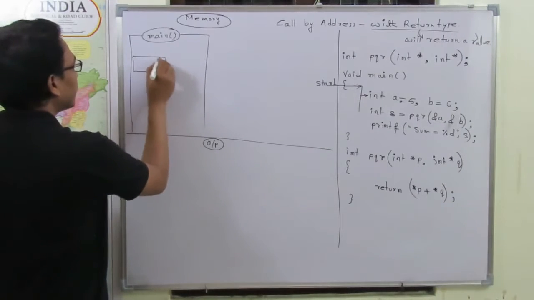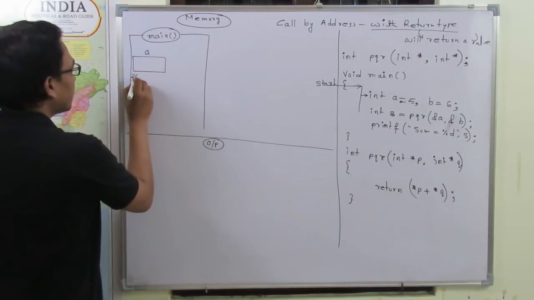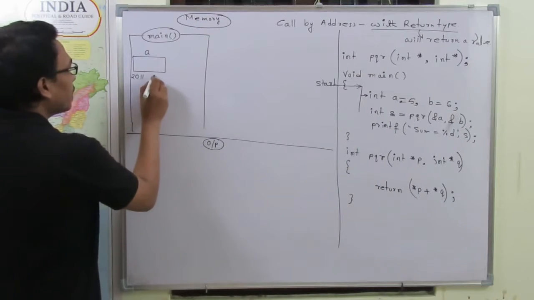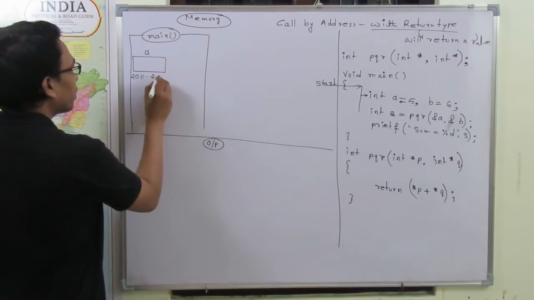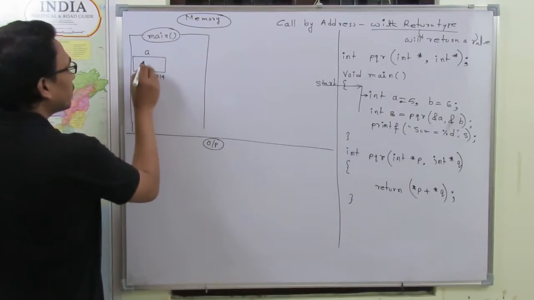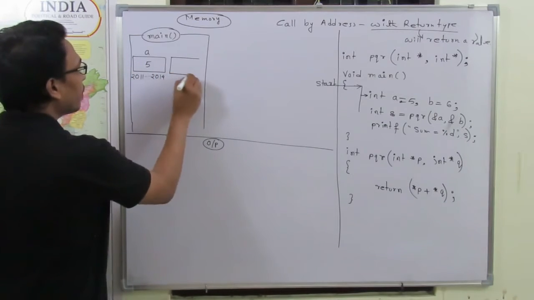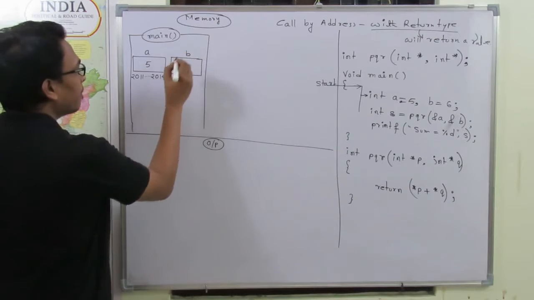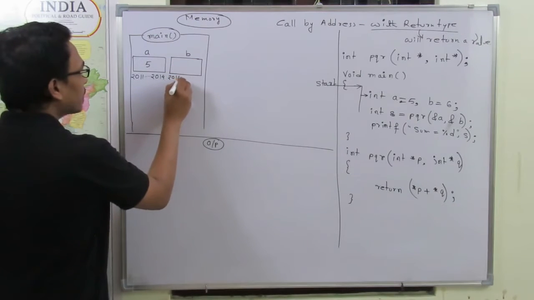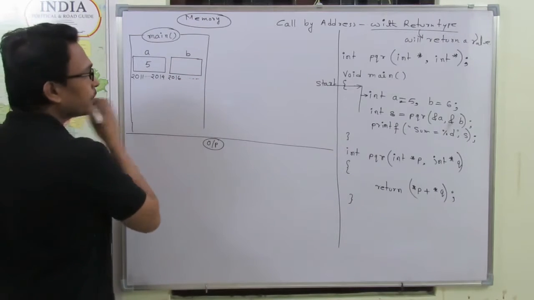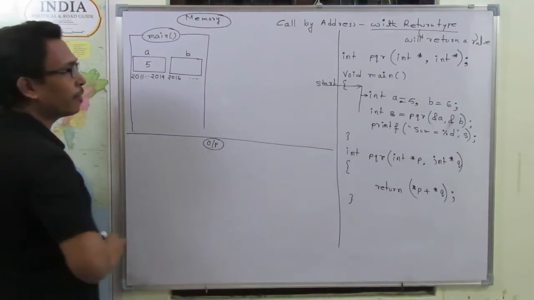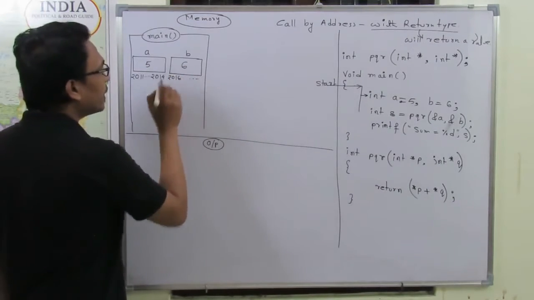So let's say the base address of A will be 2011 and end up with 2014, and the content of A will be 5. The next memory block is B, at 2016. Here 4 bytes will be allocated for B, and the content of B is 6.